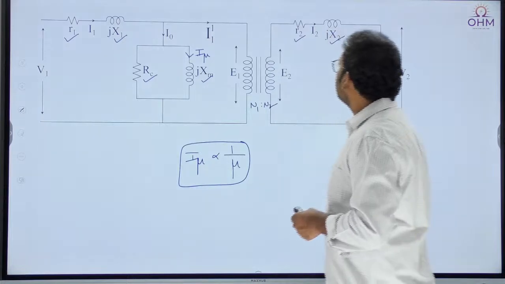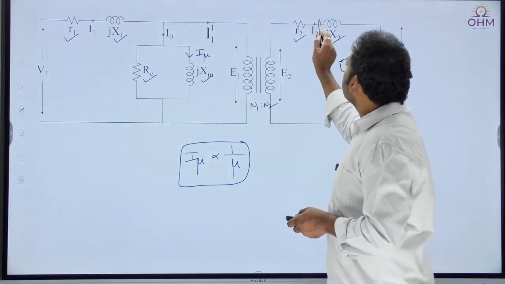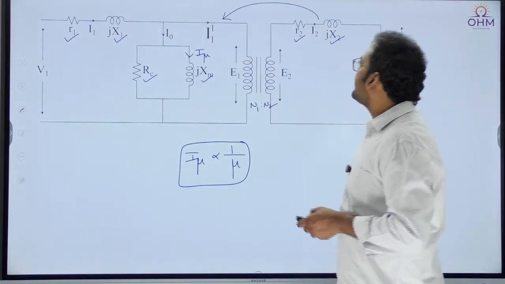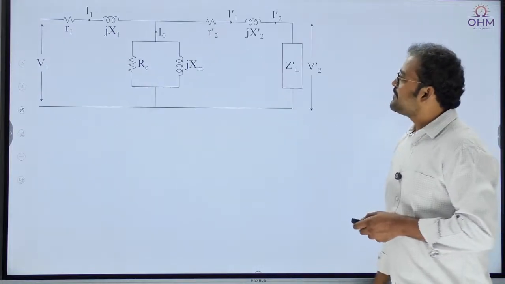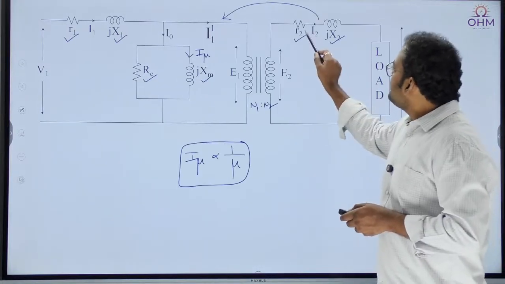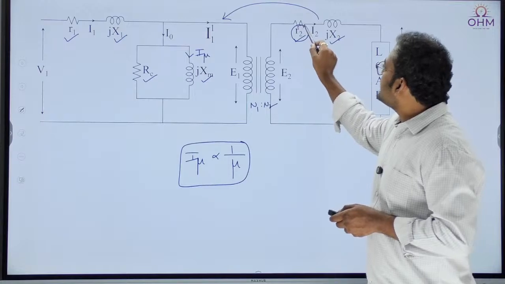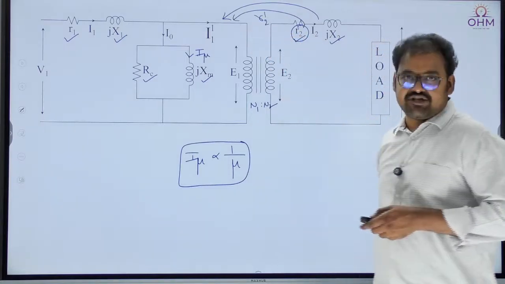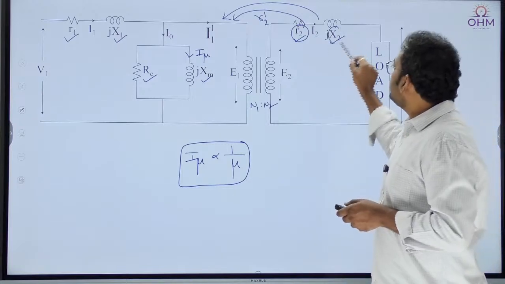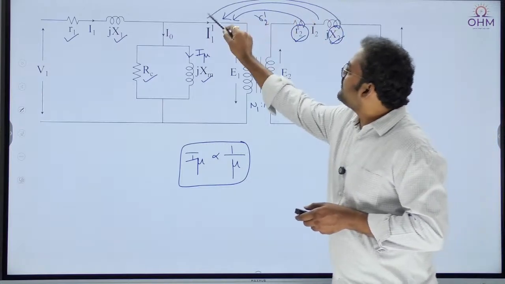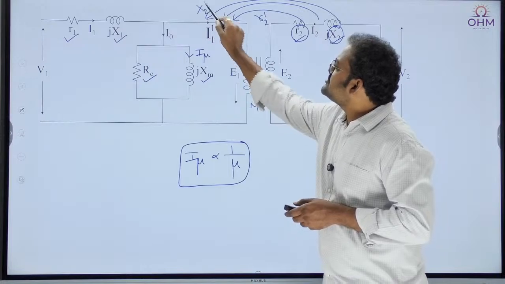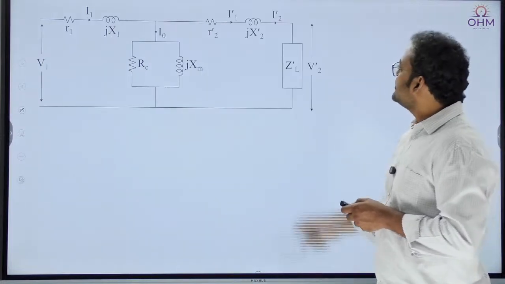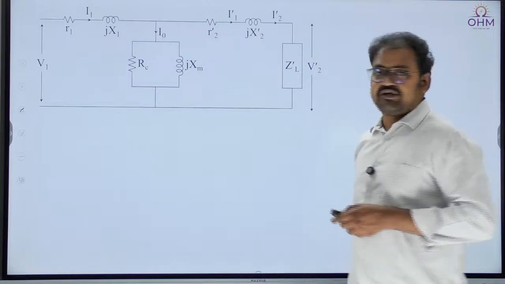Now I want to transfer the secondary parameters to the primary side. Yes, this is happening. If the secondary resistance is transferred to the primary side, its value will change to R2 dash. If the secondary reactance is transferred to the primary side, it will change to X2 dash.